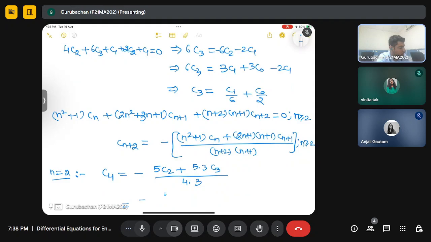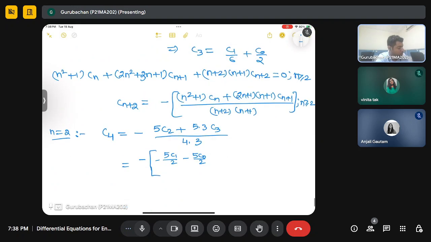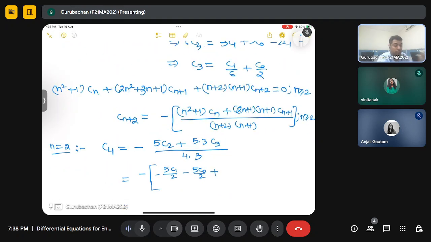So this will be minus C1 by 2 minus 5 C0 by 2 plus 15 times C3. That means if you solve a little, this will be 5 times C1 by 2, because C1 by 6 into 15, so it will cancel out a little. 15 divided by 6 will be 5 by 2. So 5 by 2, and similarly plus 15 times C0 divided by 2.